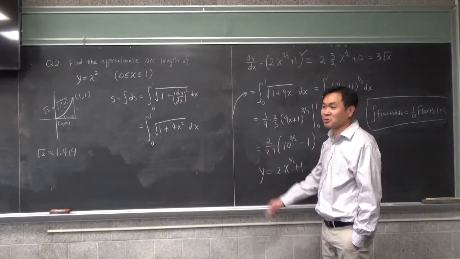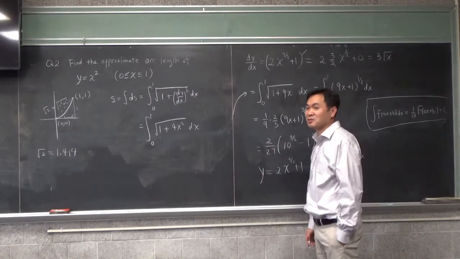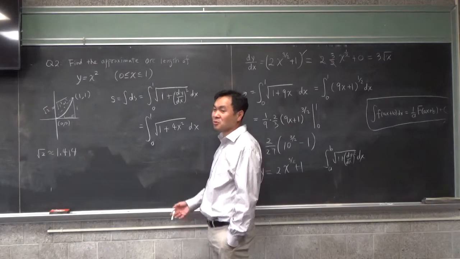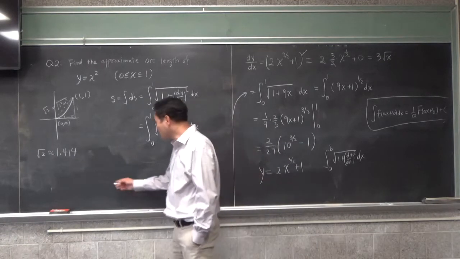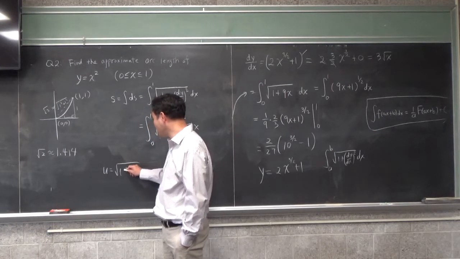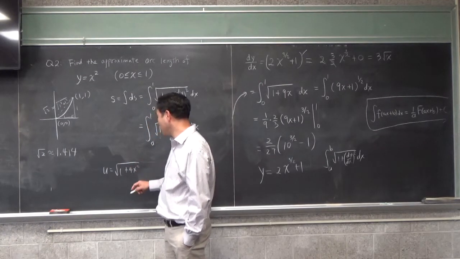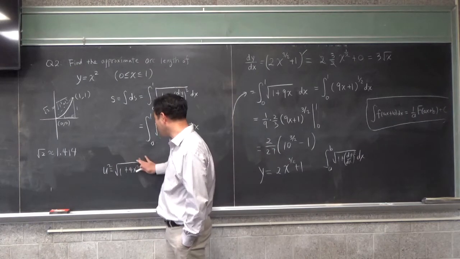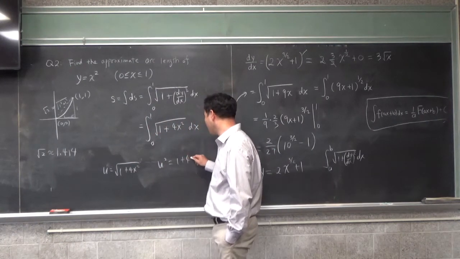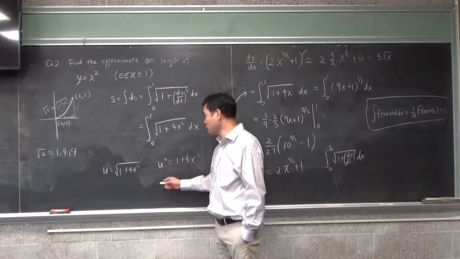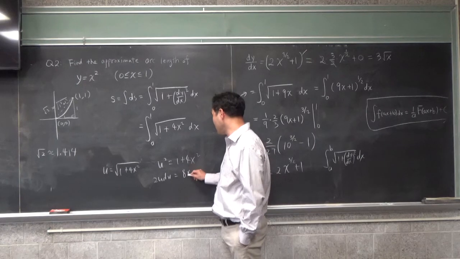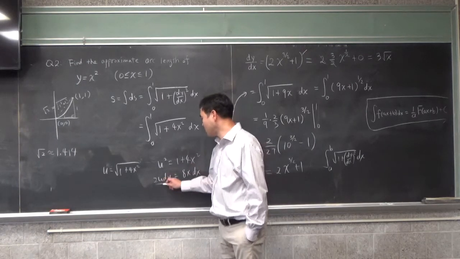Would you know how to do the integral? You can't. I mean, you can try. Don't write this. Let's say you have something like this one, and say you square both sides so that you get u squared equals 1 plus 4x squared, and then differentiate both sides: 2u du equals 8x dx.